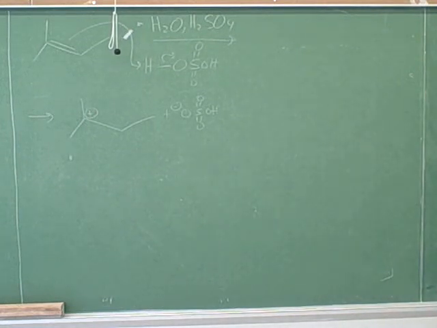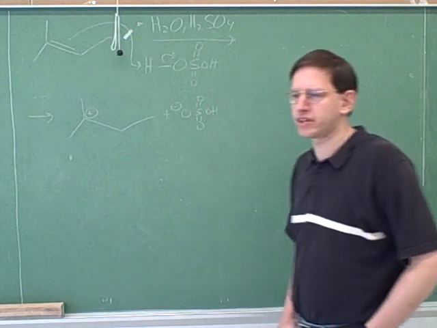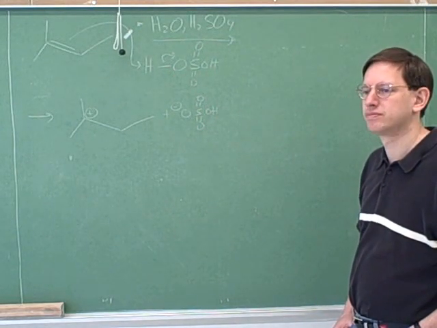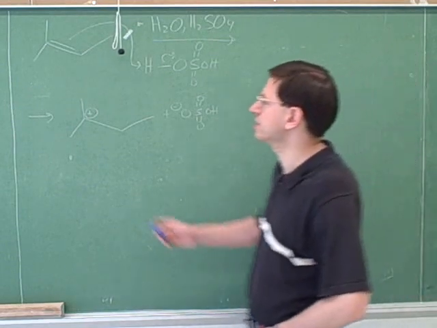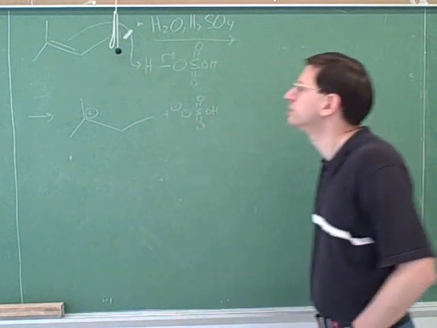Now, the important thing is, if it's at the tail of the arrow, does that mean it's donating electrons or gaining electrons? It's donating, because the arrow tells us which way the electrons are going. It's the hydrogen that's gaining the electrons, right?